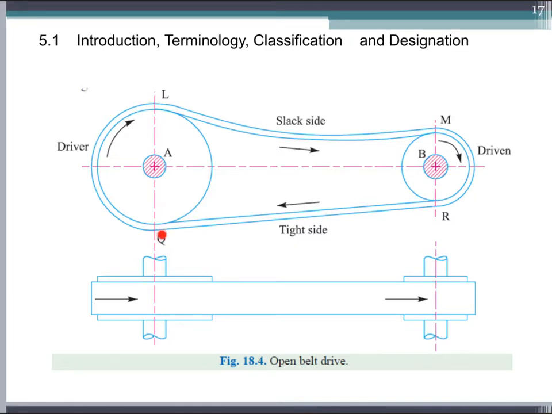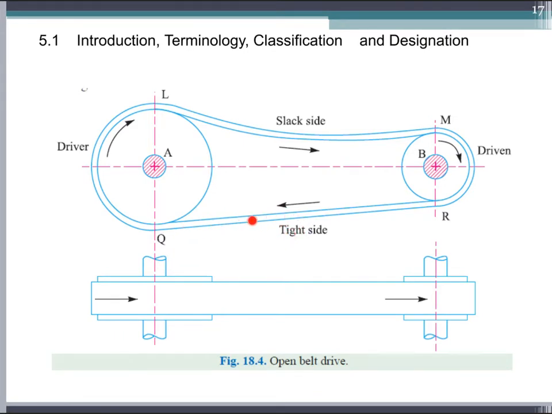So what happens at this Q point is that the driver pulley drives or pulls the belt, looping around the driver pulley. In this section, there is a force or power.